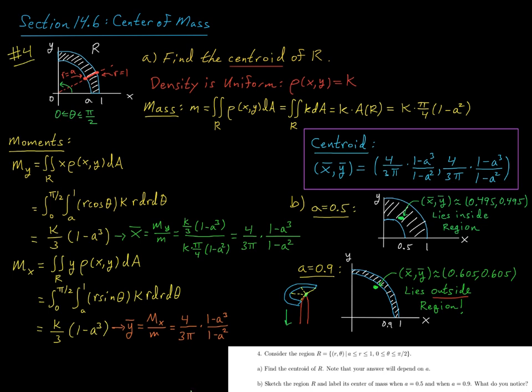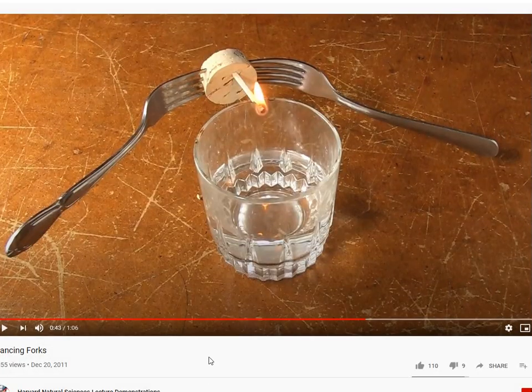A classic example to illustrate this is the balancing forks magic trick. This is a video that Harvard put out to bring home this point of an instance where the centroid lies outside of the region. I'll post a link to the video.